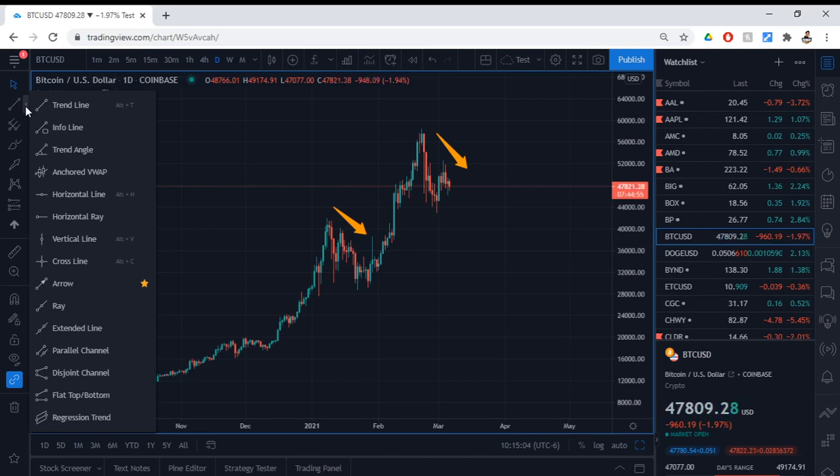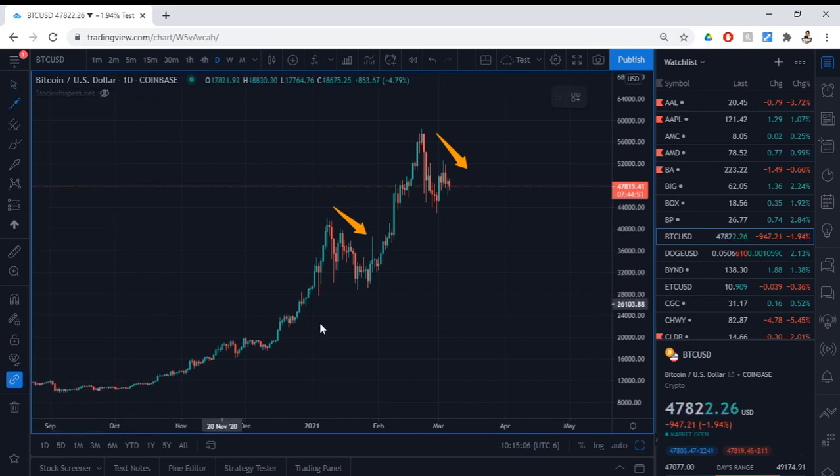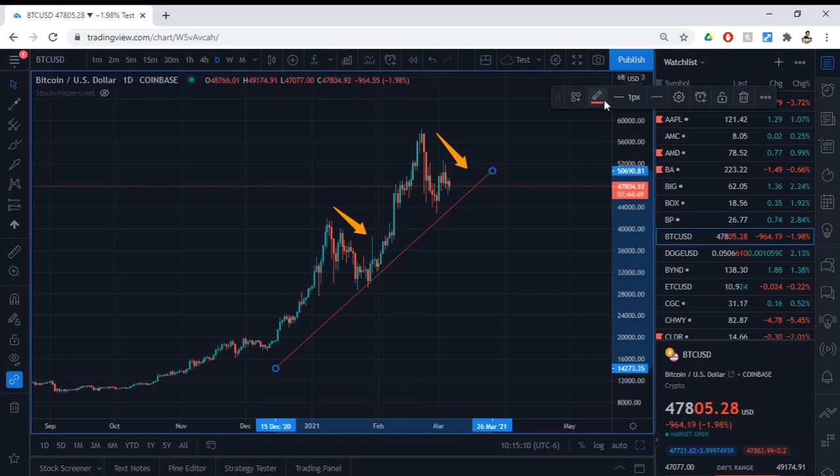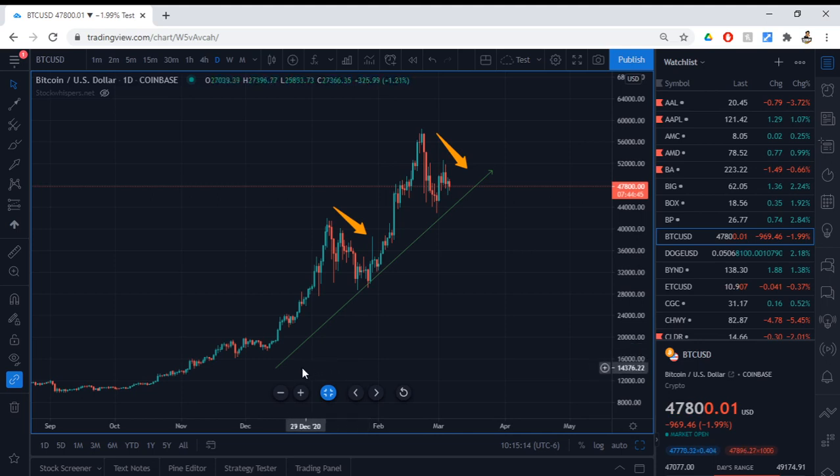It's kind of like swimming against the current. If you do take a short position, make sure that you manage that position accordingly because you're trading against the main flow of things.